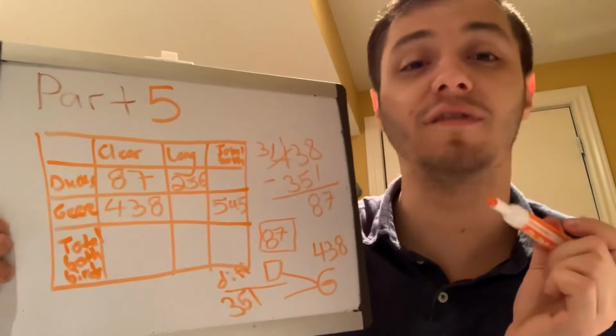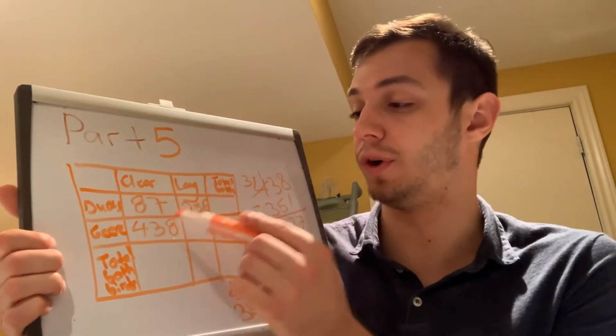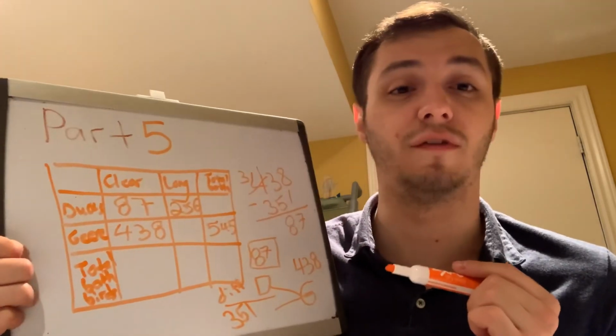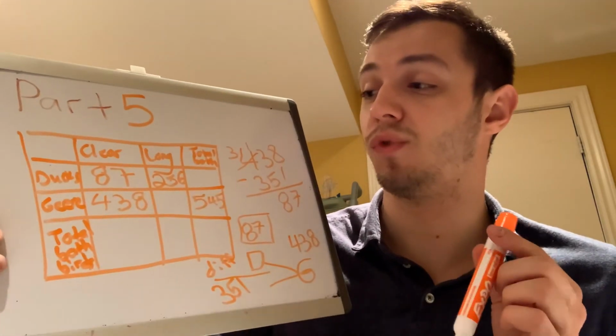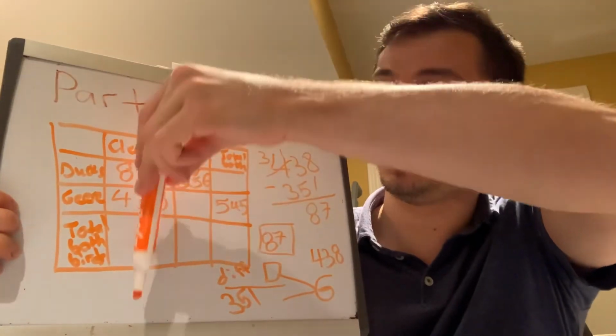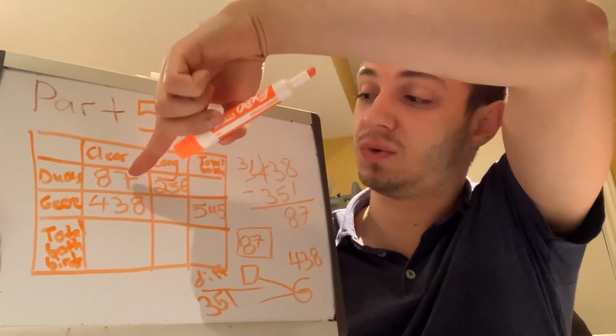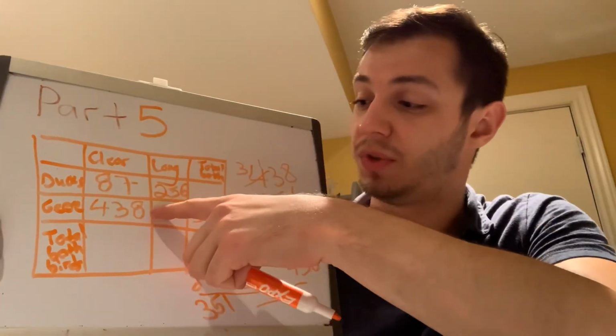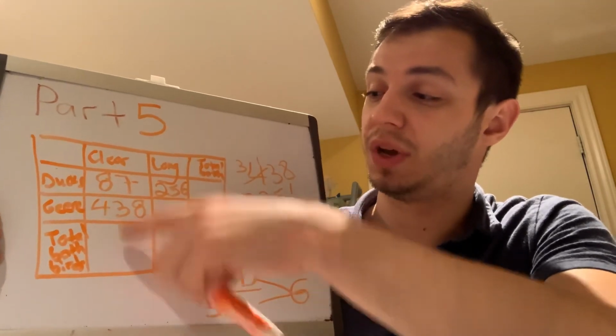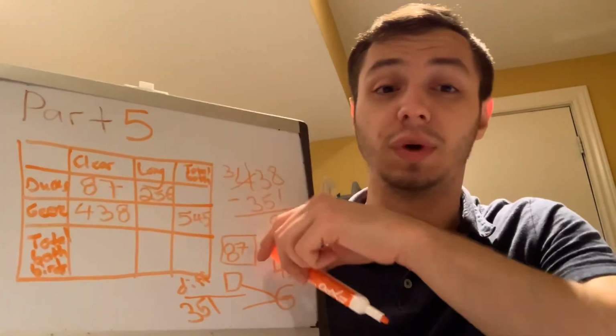So now you have enough information with your 4 numbers that you inputted to solve for the other missing numbers. Remember, if we're going down, this will be your small number, this will be your small number, this will be your big number if you're making a number family going down.